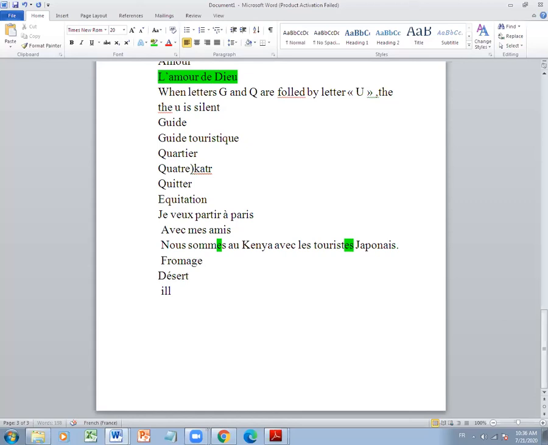ILL, is the same as Y, is the same as Y again. Okay? Small letters. Lowercase. So ILL is like Y, okay? It's very important for you to know.